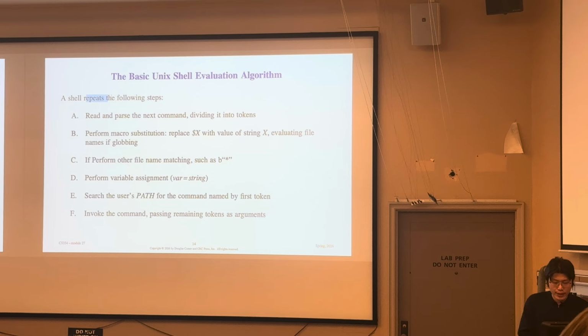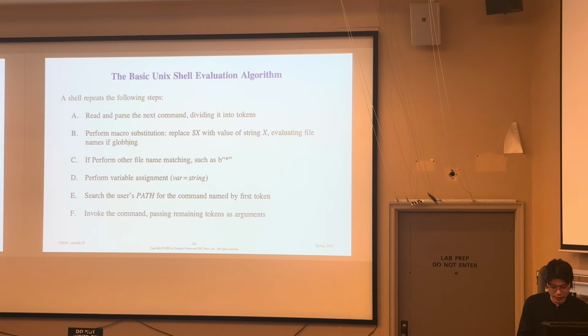All right. So the basic Unix shell evaluation algorithm. The shell repeats the following steps: read and parse the next command, dividing it into tokens. It performs macro substitution, replacing this $x with the value of string x, and evaluating the file name if globbing.